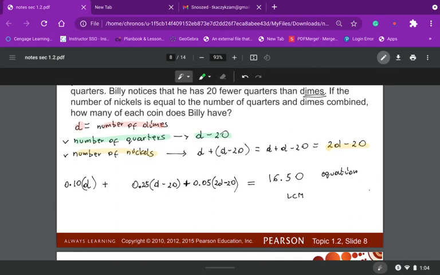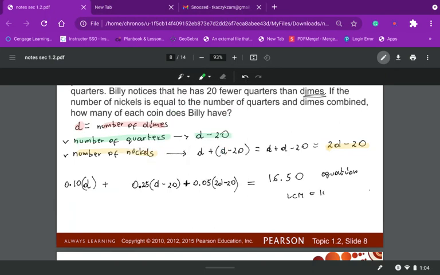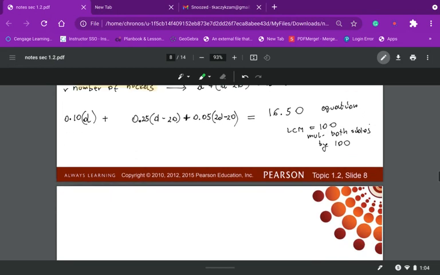So the lowest common multiple of all those numbers which have decimals is 100. We're going to multiply both sides of the equation by 100.